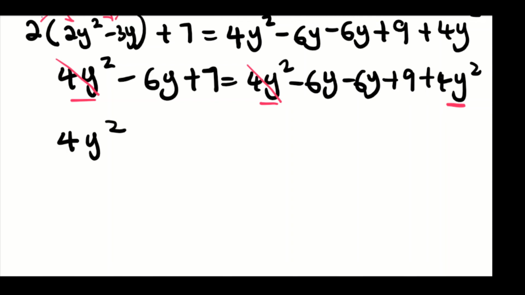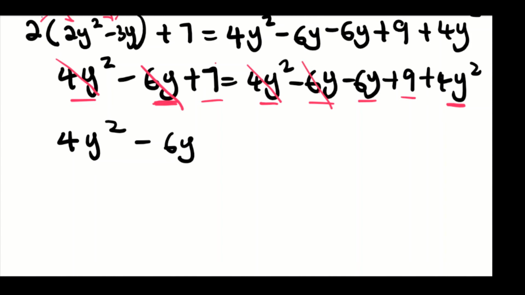Then we collect like terms: −6y, −6y, and here it's −6y. If you transpose this −6y to the other side, it's going to be positive, so you can also cancel out with this one here. Then we remain with only one −6y, and then we have +7 and +9 here.